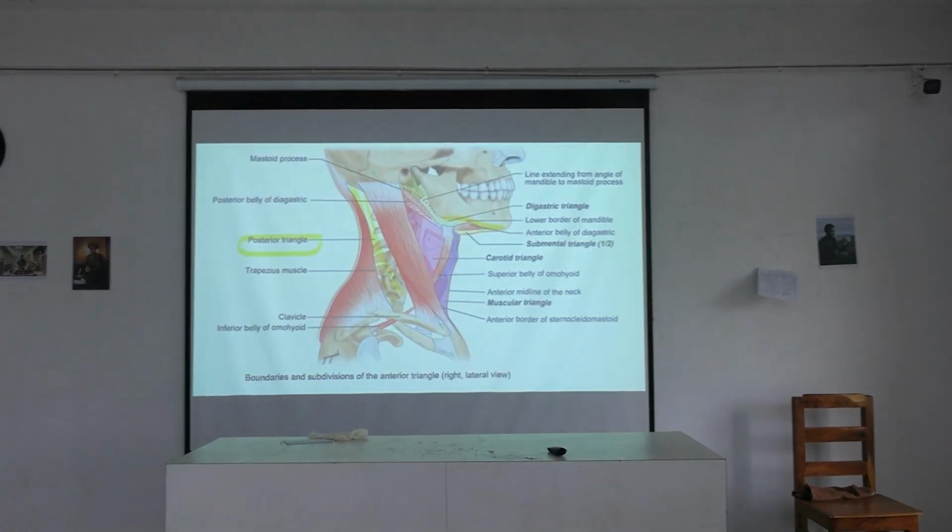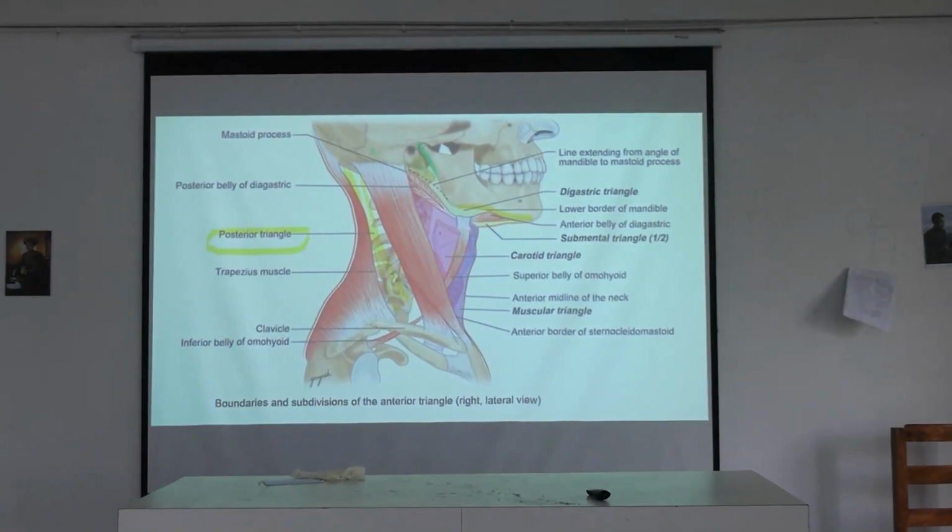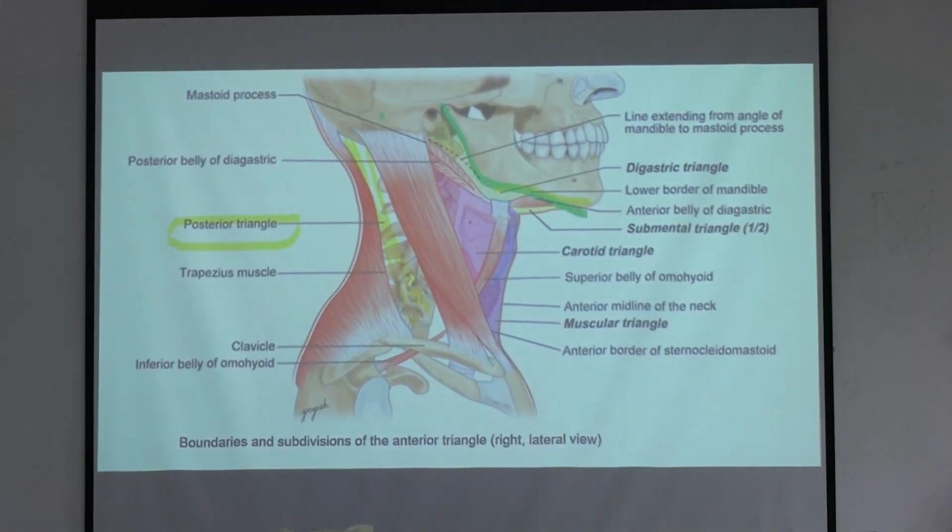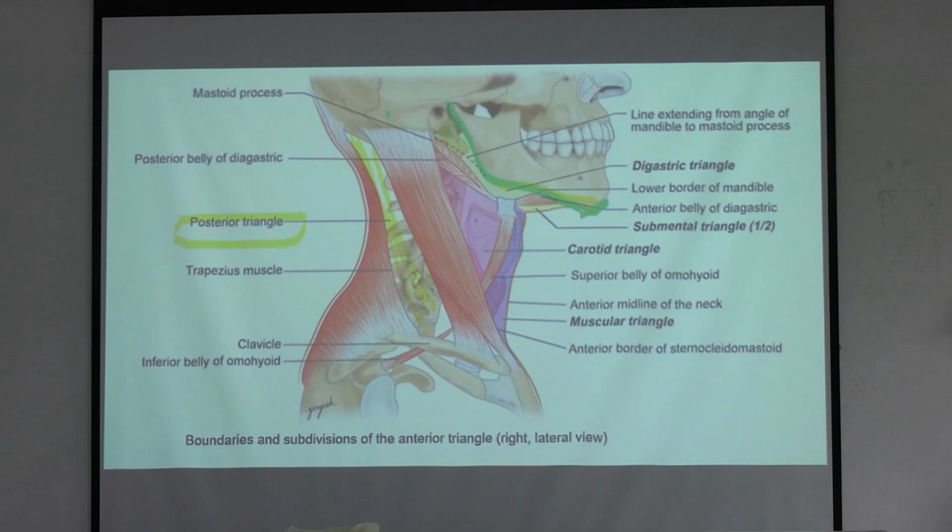From here, if we draw another line up to the mastoid process, then this is the other side of the triangle.